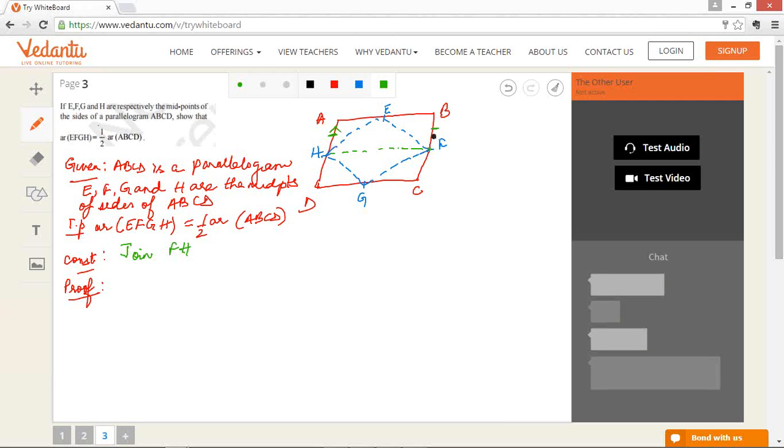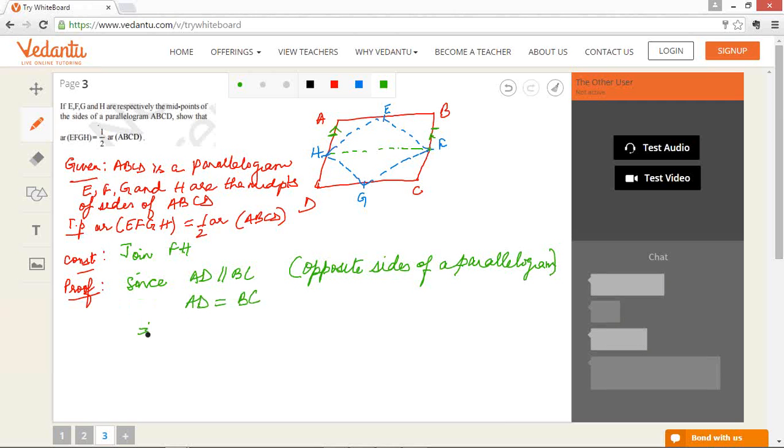Sorry, AH is again parallel. So since AD is parallel to BC, opposite sides of a parallelogram, and AD is equal to BC, this implies that half of AD will be equal to half of BC.